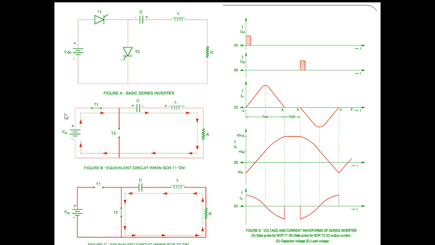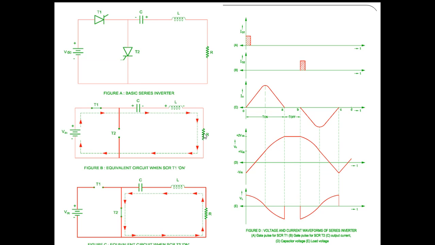The current flowing through the load will slowly increase and reach its maximum value, and at instant A it will reach 0 due to the RLC components.